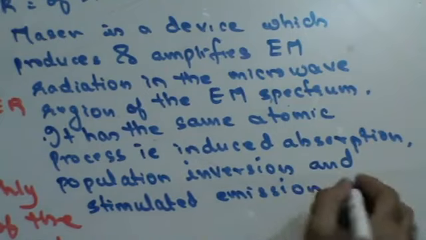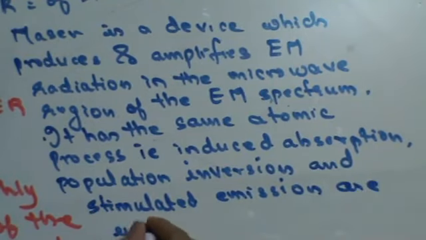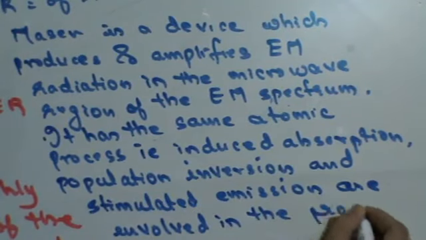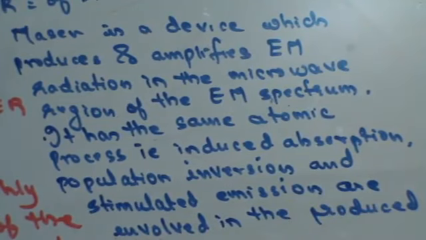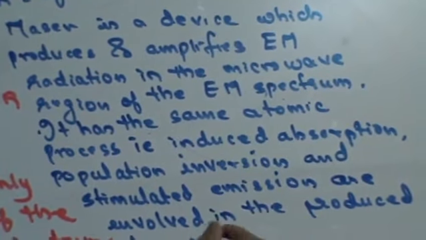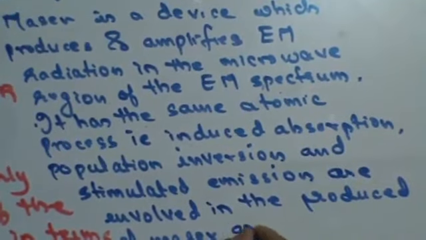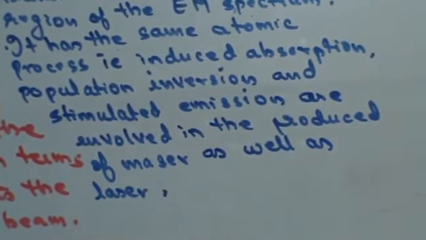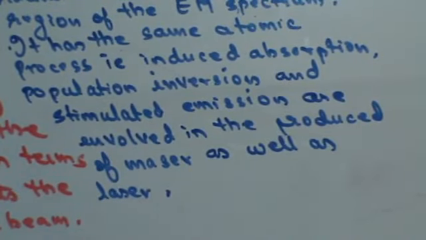Stimulated emission is involved in the production of laser as well as maser. So that means you are going to produce maser in the same way as you had produced laser, right? Thus I can say that maser is similar to laser.